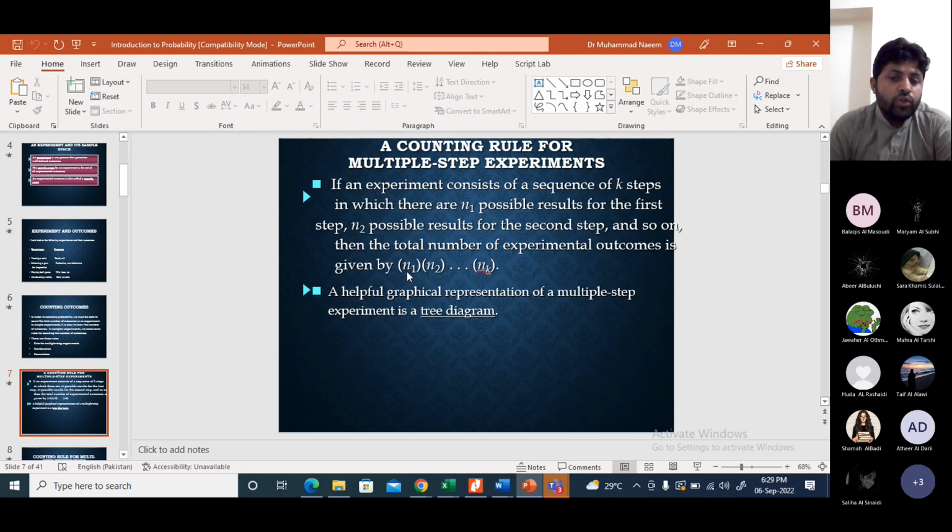So n1 is your experimental outcome at step 1, n2 is your experimental outcome at step 2, and so on. You multiply these and you have your total number of experimental outcomes. A helpful graphical representation of a multiple step experiment is the tree diagram. So I have also shown you this tree diagram.